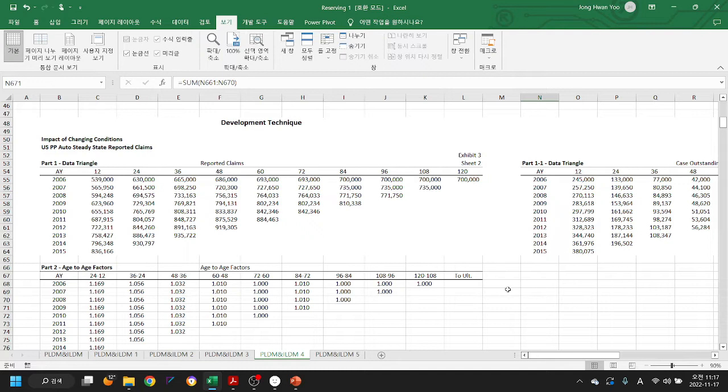And in Excel, you set up the formula to come up with the cumulative paid loss triangle. And then you can add that to the case outstanding number, and you're going to get the reported claim triangle. That's the real world. But this is my own world that I have created.